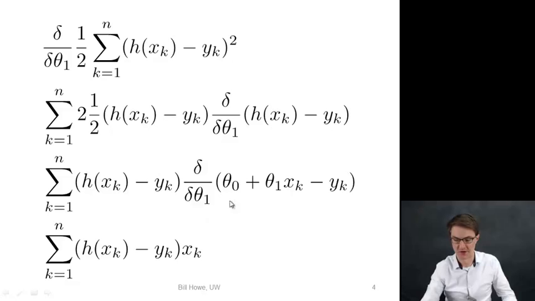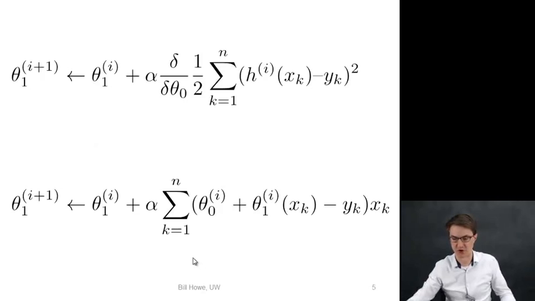The only term in here that involves theta 1 is theta 1 times xk. The other ones don't involve theta 1 at all, so we can just drop them. Their derivative is 0. And this just simplifies to xk itself. So h of xk minus yk times xk is the update rule that we're looking at.